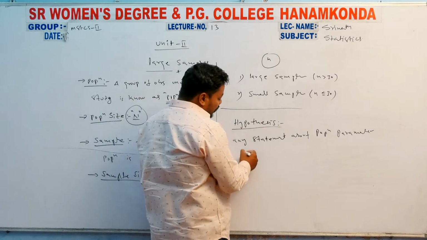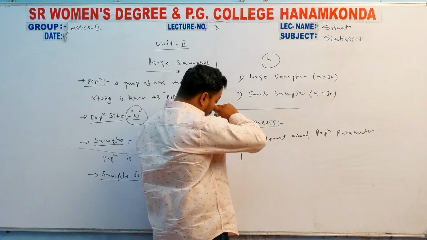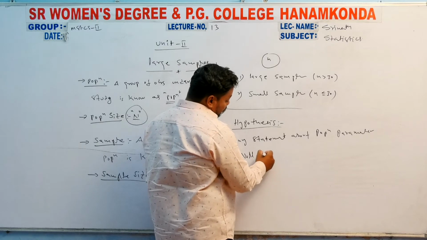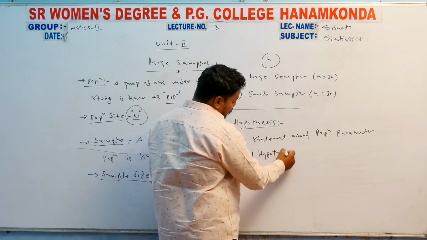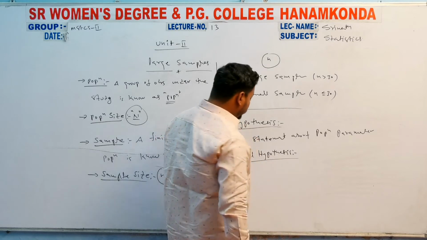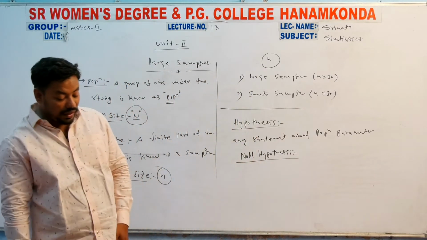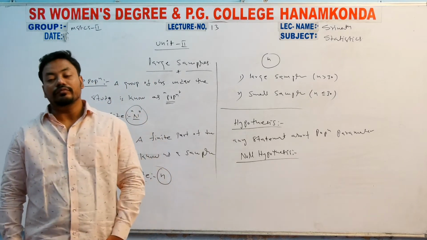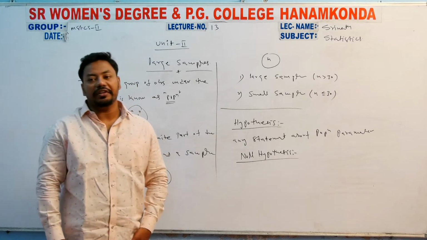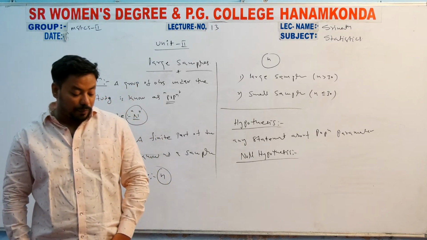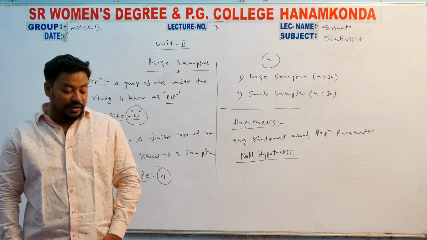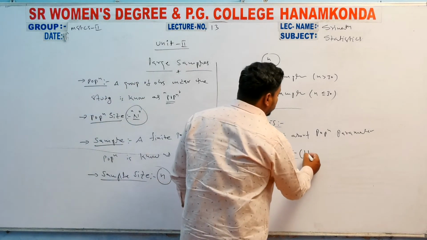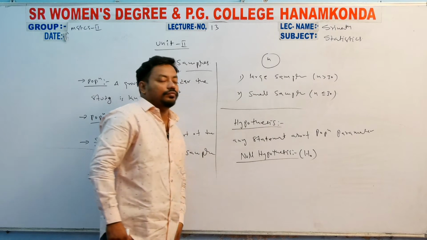And the nature of the hypothesis is divided into two types. One is the null hypothesis. Null hypothesis is a definite statement about the population parameter. We indicate it with H0.